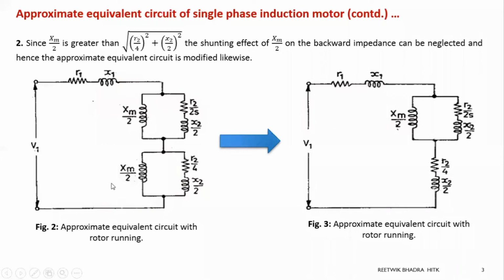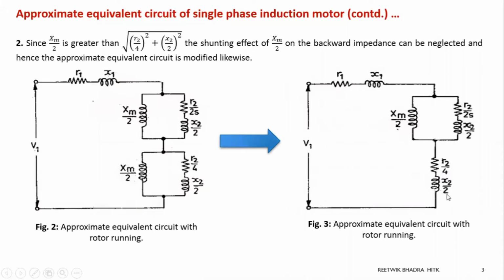So we can eliminate this Xm by 2, and that's why the equivalent circuit becomes this one. Now this part, R1, X1, R2 by 4 and X2 by 2, becomes a series combination, right? So next we can draw an equivalent circuit which has R1 plus R2 by 4 as the total resistance of the circuit, in series with V1. And what will be the reactance that comes in series with V1?